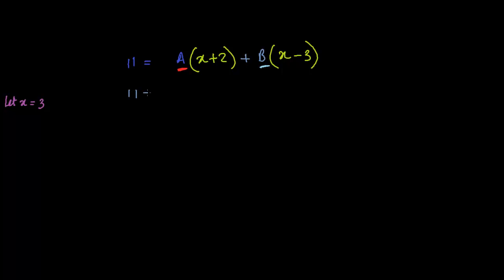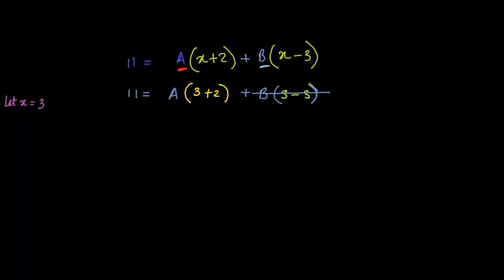So 11 is equal to a, 3 plus 2, plus b, 3 minus 3. Oops, sorry. Wrong color. Alright then. So, now we actually just eliminate b, because all you get here is a big 0, so cross, no b there.